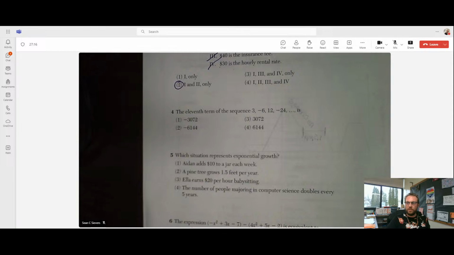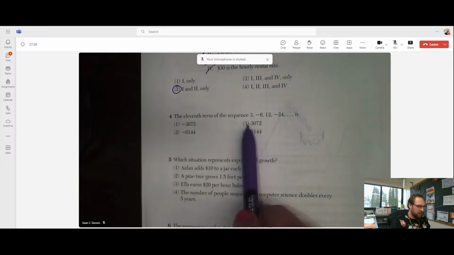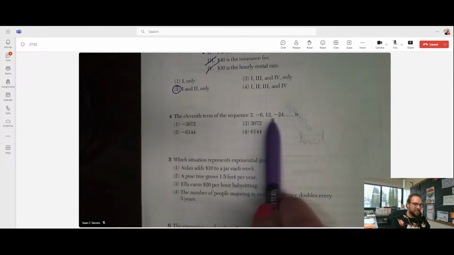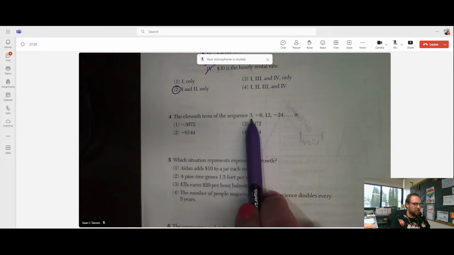Okay, so in my class, when I taught sequences, the word that I associated with arithmetic was adding. So whenever we add the same number each time, it's going to automatically tell us it's an arithmetic sequence, okay? If I try to add the same number each time to go from 3 to -6, I'm going to have to add -9 or subtract 9.